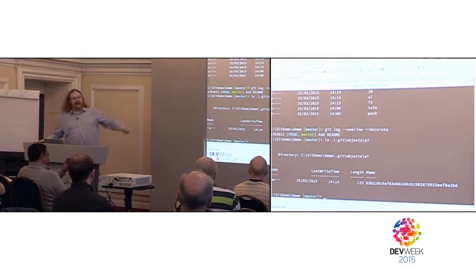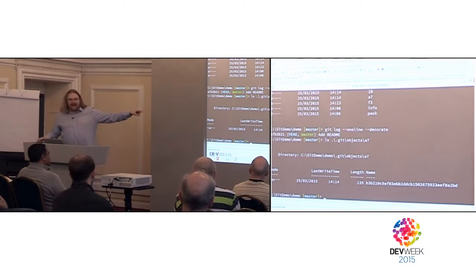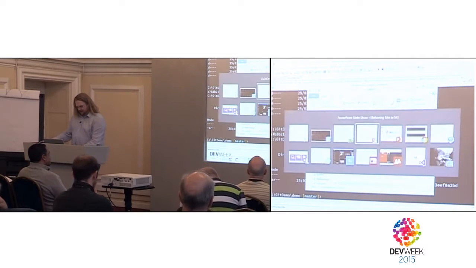That object there is the binary version, or how Git stores the commit internally. That's what I mean when I say the repository itself is the .git folder. Yes? Everyone with me? Brilliant.